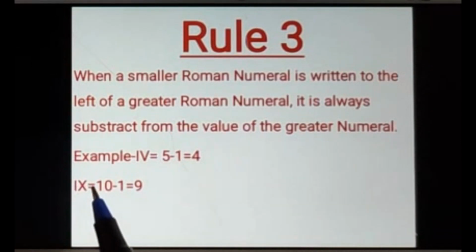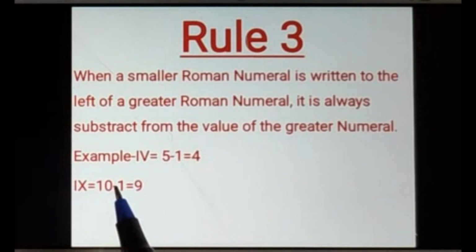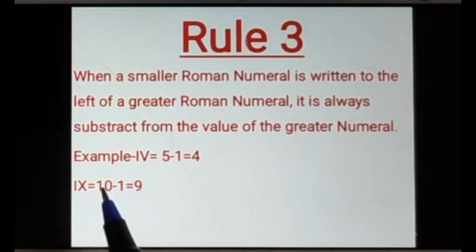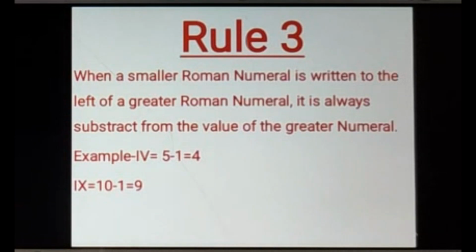Similarly, IX is equal to X, which is 10, minus I, because I, being a smaller Roman numeral, is on the left hand side, so it will get subtracted. So 10 minus 1 is equal to 9. So this is our rule number 3, and we are over with rule number 3 also.